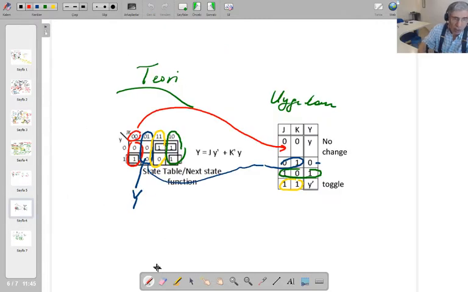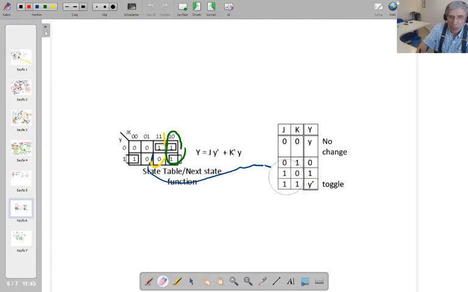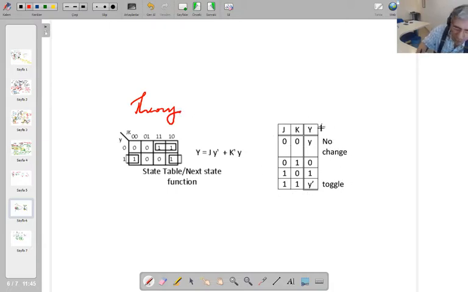Let's come to the other one: the difference between theory and practice. Here you are. This is the definitional relation of a JK memory element in theory, and that is in practice, or in the lab case.